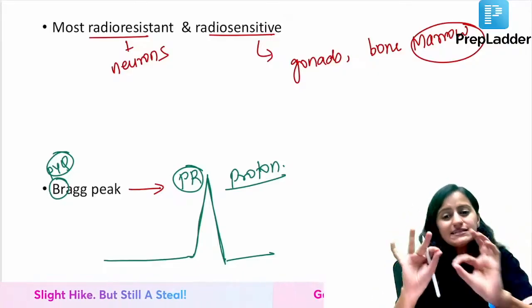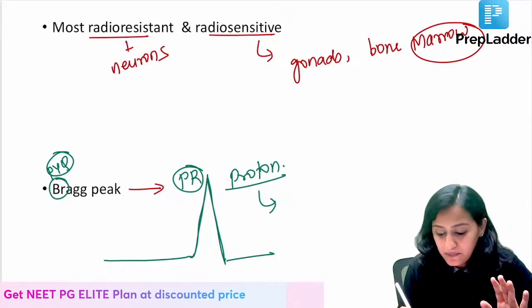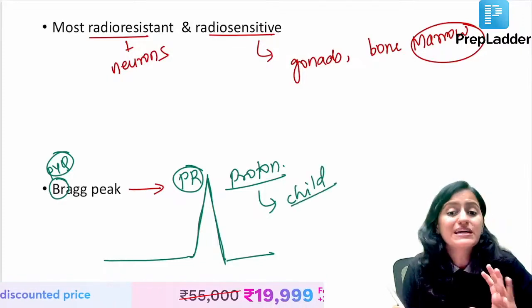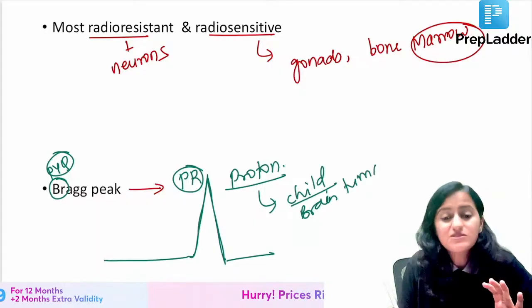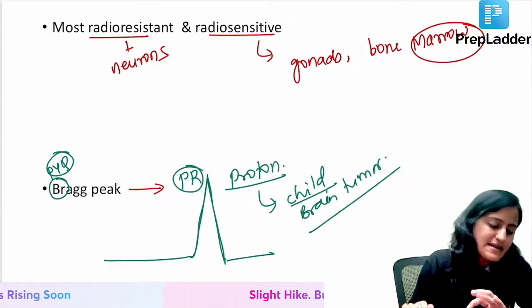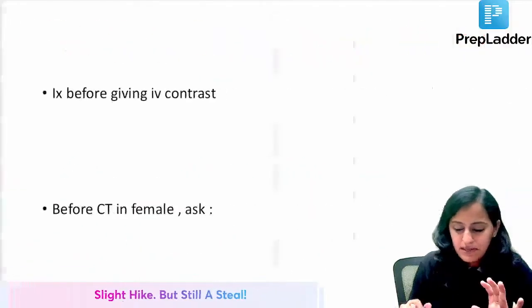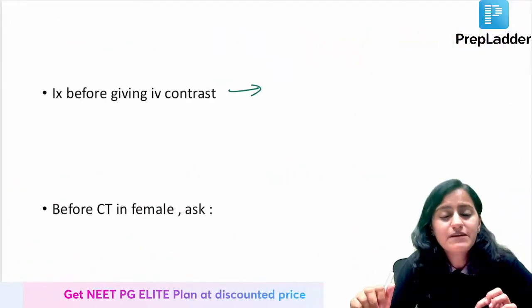It is like a pencil beam directed therapy and that is why we prefer proton beam when you want to treat a child, especially if there is a brain tumor and radiotherapy has to be given, we prefer proton beam, right? Proton beam will cause minimal damage, correct.